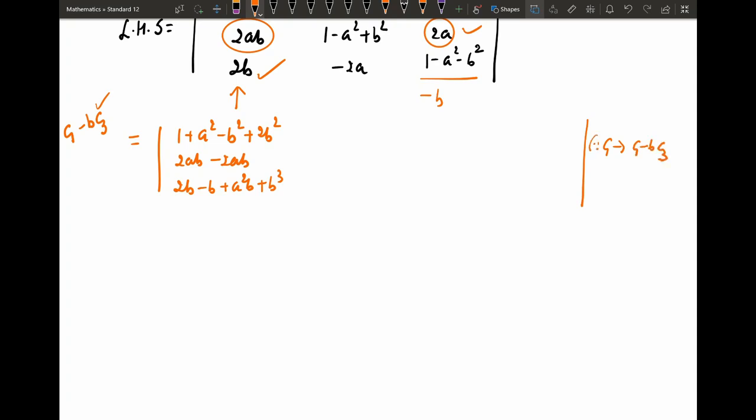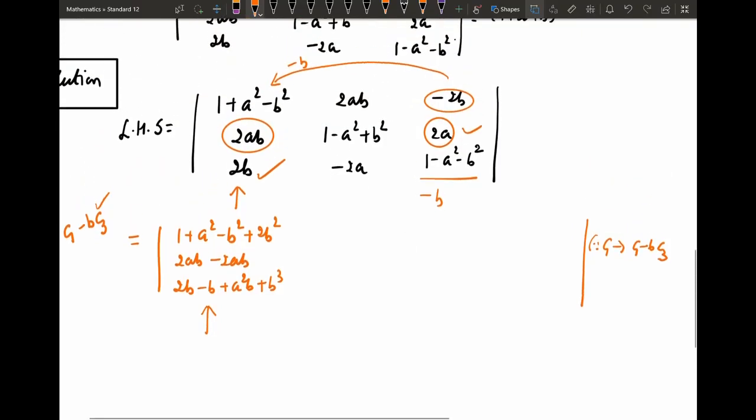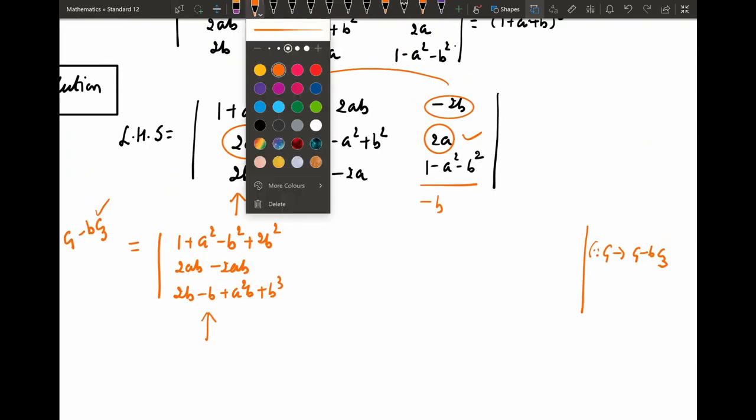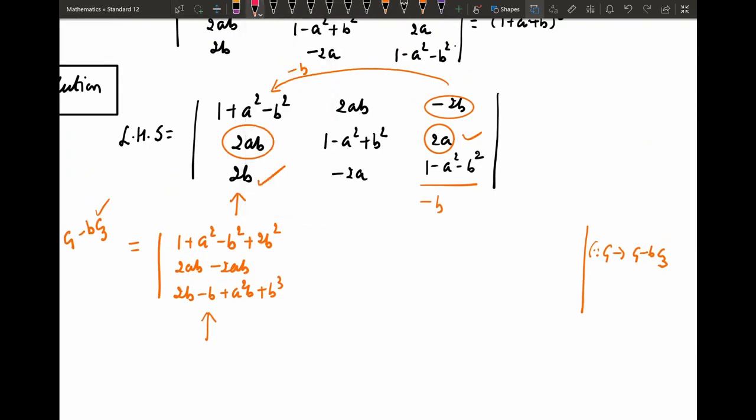So when we simplify this column, from first column we will be able to take 1 plus a square plus b square common, and after this multiplied this by a. Now multiplied this by a, easily you can observe, if we multiply this by a and add here, so 2ab minus 2ab, it will be 0.